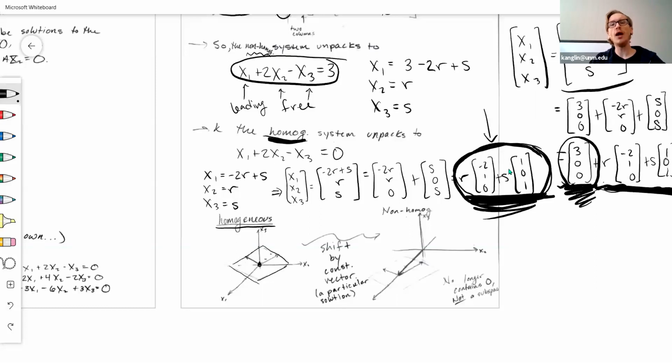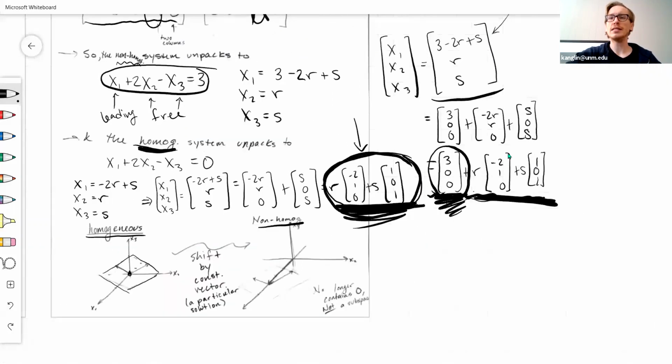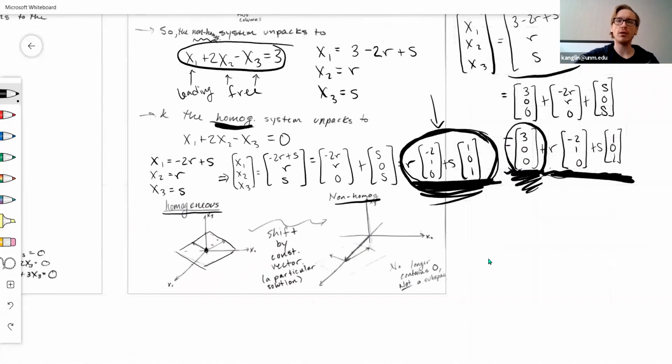Now, when we took the non-homogeneous system, all we did was take that same linear combination of those same two vectors and first just add 3, 0, 0 to it. If you have studied vector addition very much and gone through this before, maybe it's clear that what we're doing is first displacing from the origin by this vector 3, 0, 0. I'll draw that in red here. I've got it written in black and white, but I want to make it clear.